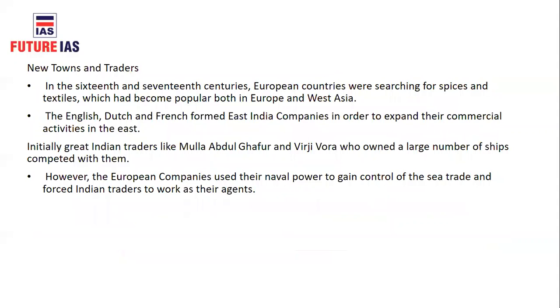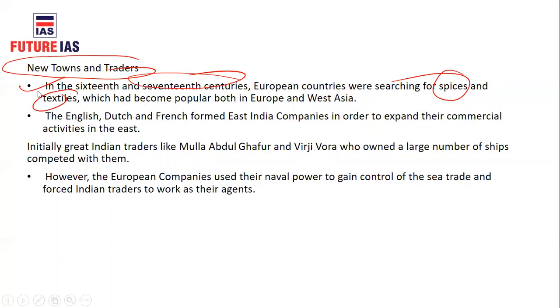Over a period of time, new towns and traders were formed because of the fierce competition among the traders. In the 16th and 17th centuries, European traders were searching for spices like cardamom, ginger, and pepper, and for textiles also. They were very famous in Europe and Western Asia.